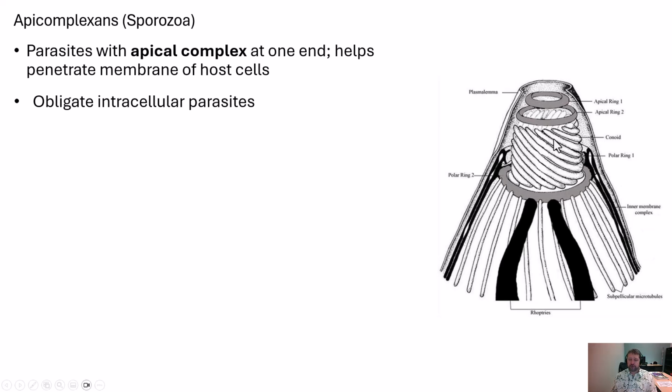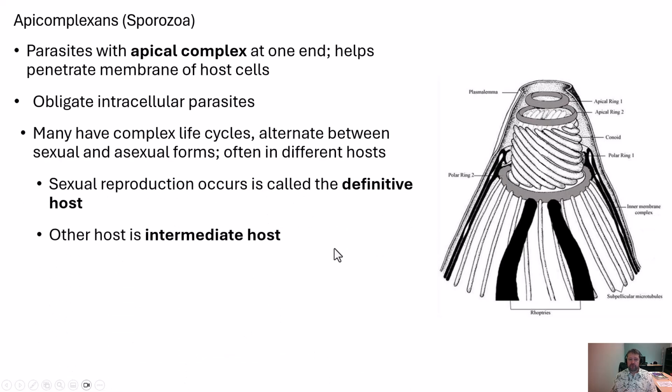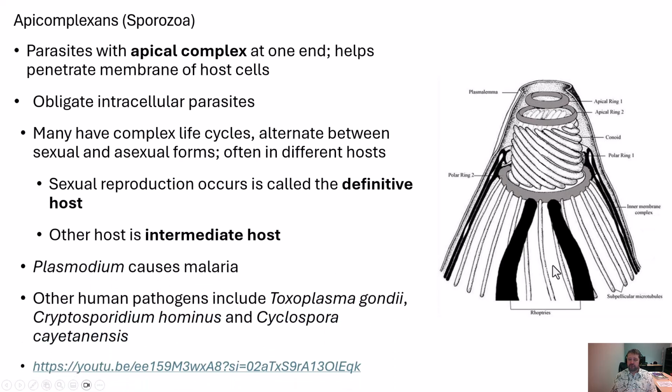Normally, if they're entering host cells, they're consuming some material inside that host cell, so something like Plasmodium would be a good example. The Plasmodium that causes malaria goes into red blood cells, consuming hemoglobin, and it's that apical complex that allows them to enter.